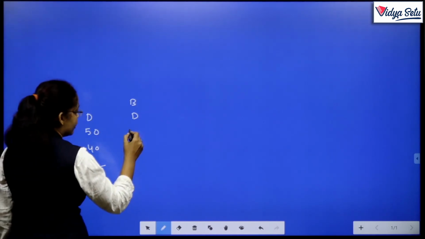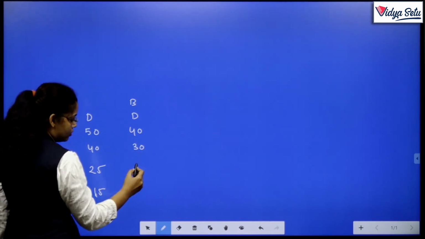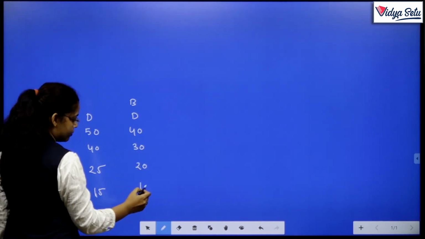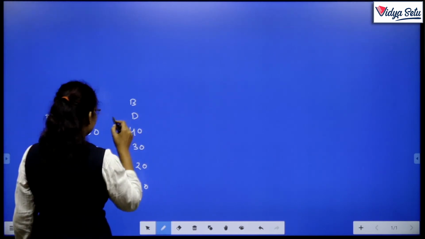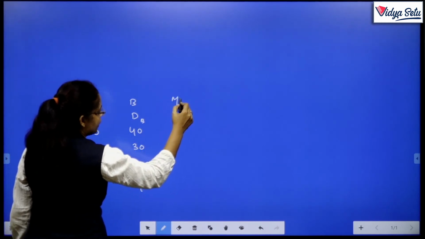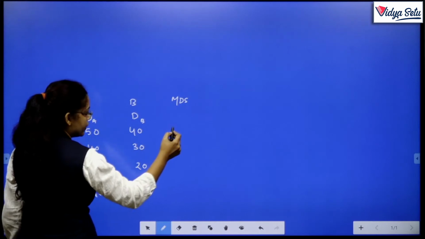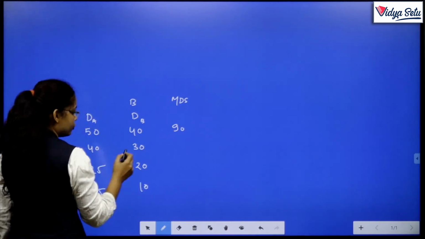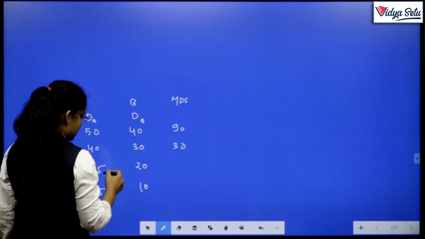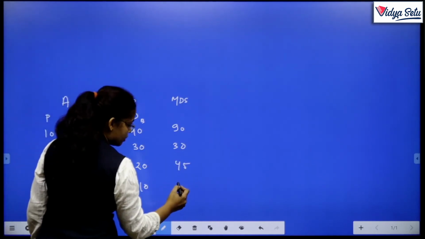Demand of B: 40, 30, 20 and 10. Now we add the demand of A and demand of B. That is the market demand schedule. So 50 and 40 is 90, 40 and 30 is 70, 25 and 20 is 45, and 15 and 10 is 25.